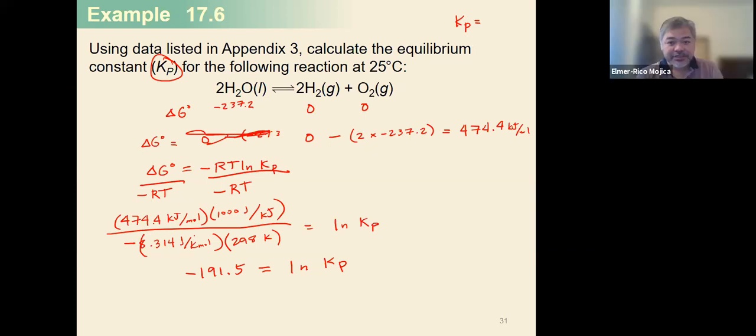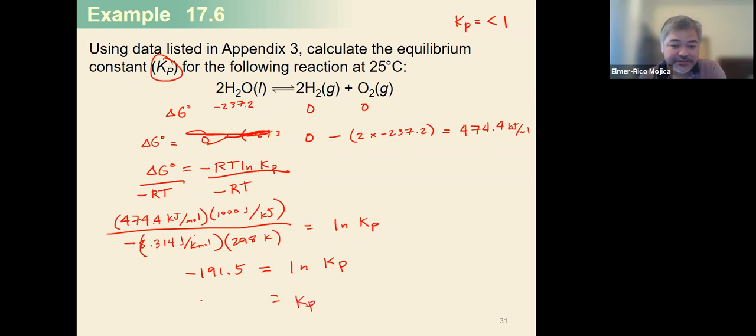Okay, so we can predict what Kp will be because we have the delta G. Since we have a positive delta G, this would be less than 1. So how do we get the Kp here?